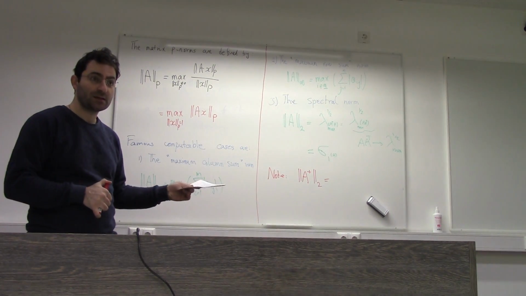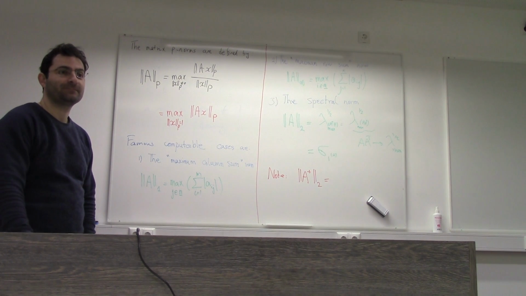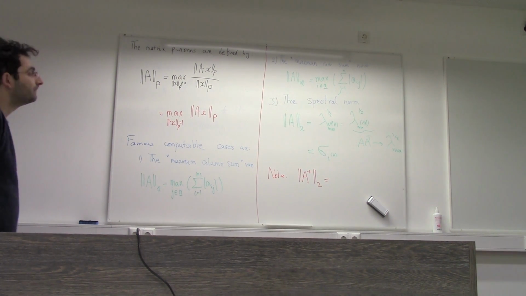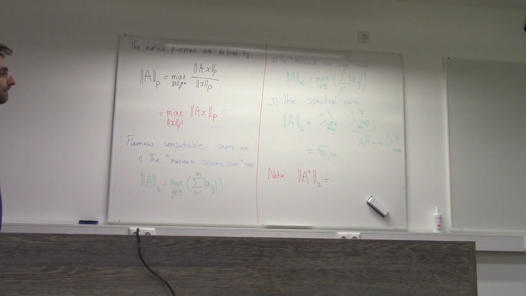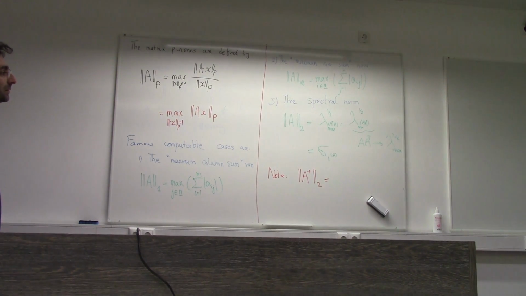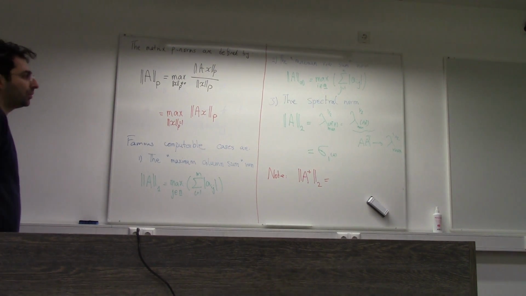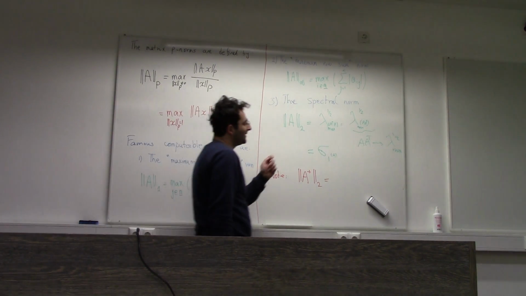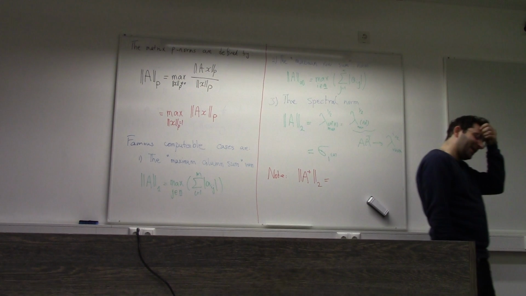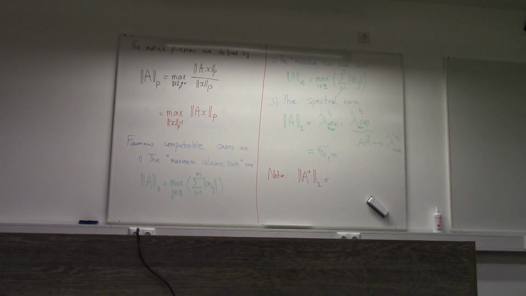You want to answer this? No. Okay. Why do we have A transpose A and A transpose? Wouldn't it be the same thing as A? No. Because A transpose A and A transpose are symmetric. I mean, they are square matrices, right?